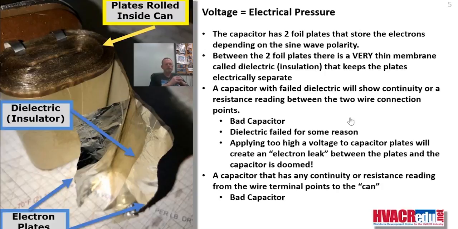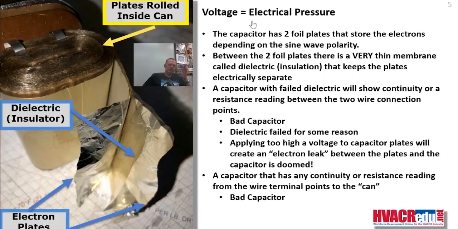If you replace a 370 volt capacitor with a 220 volt capacitor, you're asking for trouble. A 370 volt capacitor was specified, but you didn't have one, you had a 220. Remember, voltage is pressure, electrical pressure.